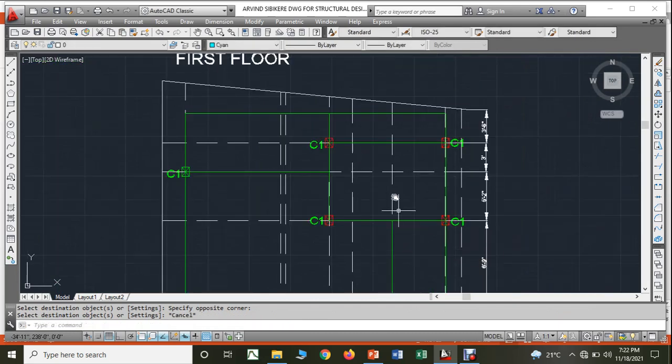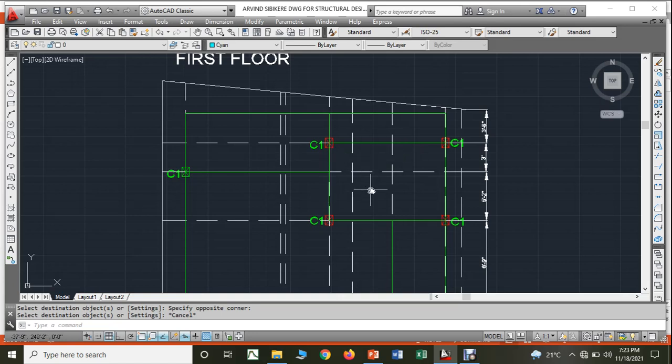So therefore, let us make these four columns of one particular dimension. Now, the columns that I am showing in red color will be of very high load, whereas the ones in yellow color will be of medium load, whereas the ones with green color will be of less load. So like that we will make a bifurcation: red high load, yellow medium load, green low load.